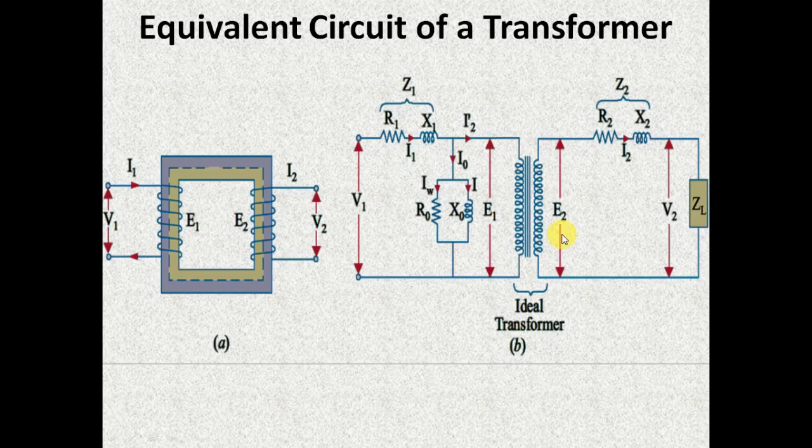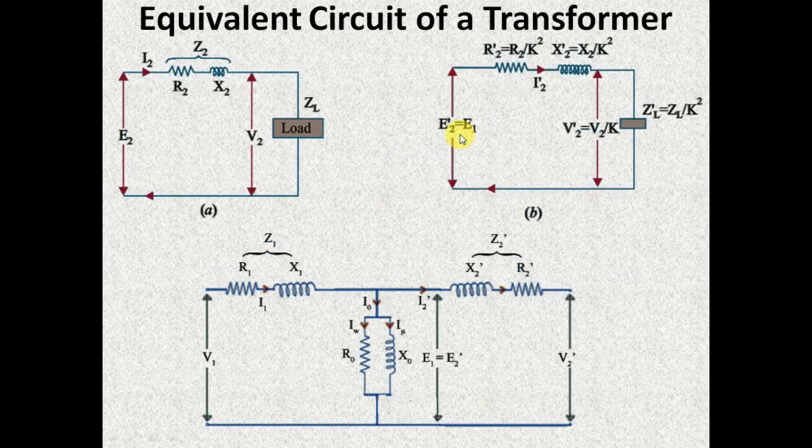While shifting the secondary circuit to the primary one, the value of E2 becomes E2 dash, and the value of I2 becomes I2 dash. The value of E2 dash must be same as that of E1. Similarly, the value of I2 dash must be same as that of I1.